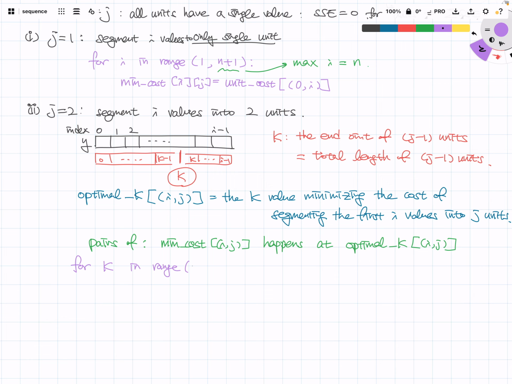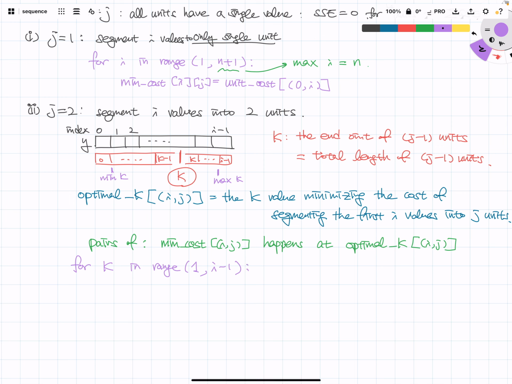K should be 1, the minimum. So here's the minimum k, and maximum k is here. So this is from 1 to i minus 1. Okay. So that's the k range.